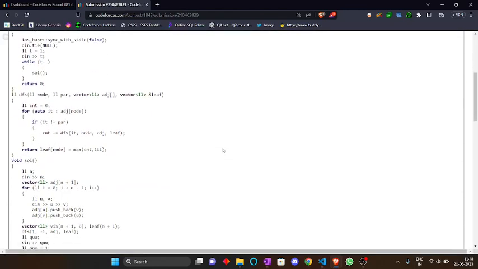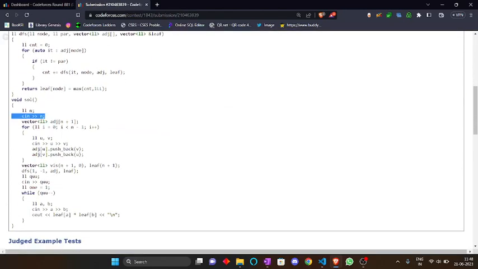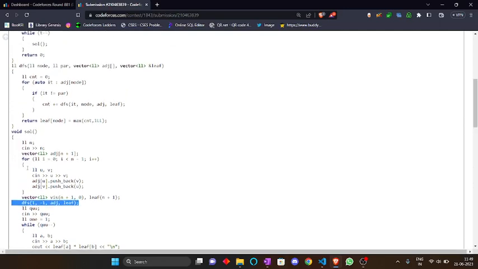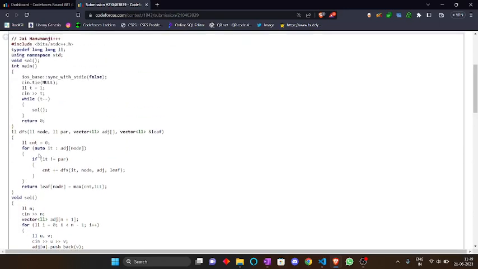We basically take the integer n, and then we take an adjacency list which stores the edge between u and v, and I push it into the adjacency list. Then I make a weighted array and a leaf array. These leaf values store the number of possibilities from every node. Then we call DFS from one, because here the root node is one.